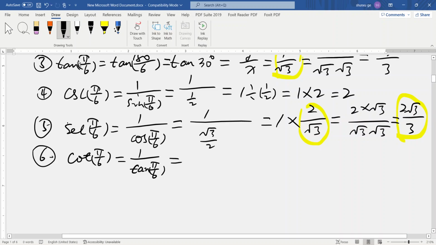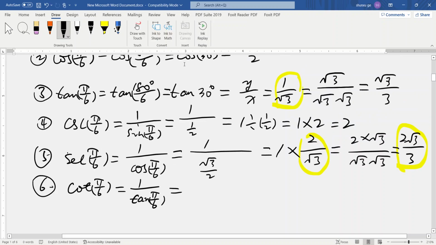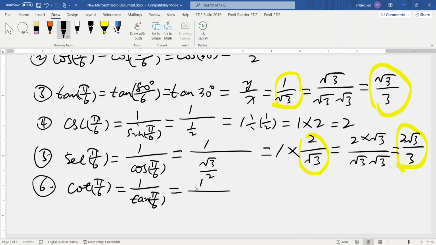We found tangent pi over 6 here, so we take this to here: 1 over tangent pi over 6, square root 3 over 3.